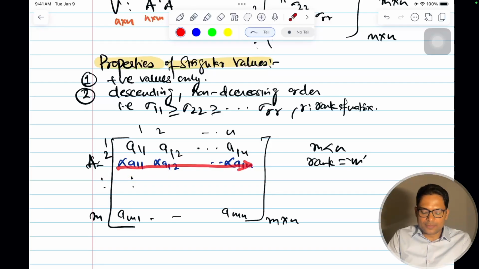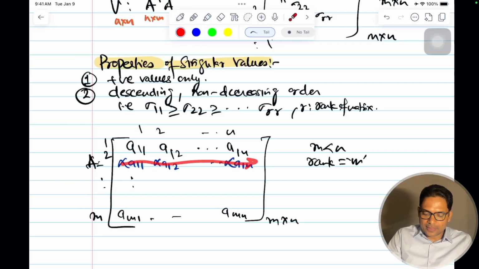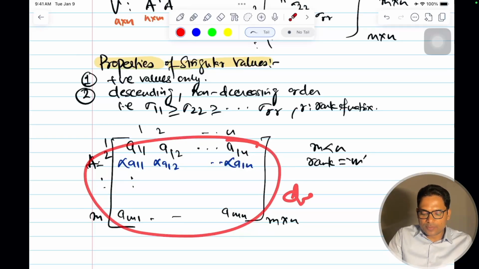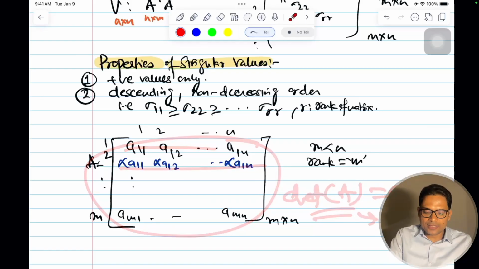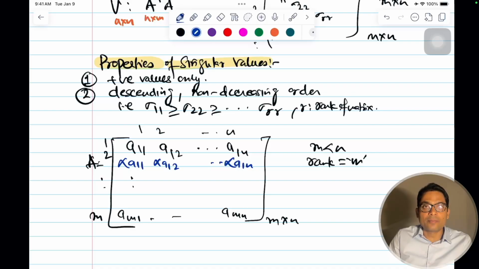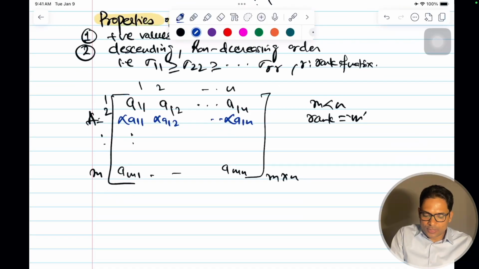This means that this dimension is collapsed. If we calculate the determinant of a matrix where you have linearly dependent rows or columns or vectors, it will be 0. And such a matrix which has linearly dependent rows or columns is called a singular matrix.